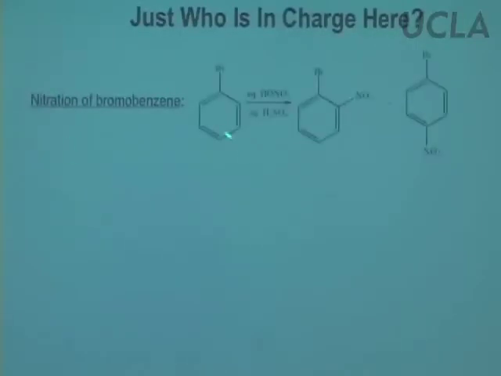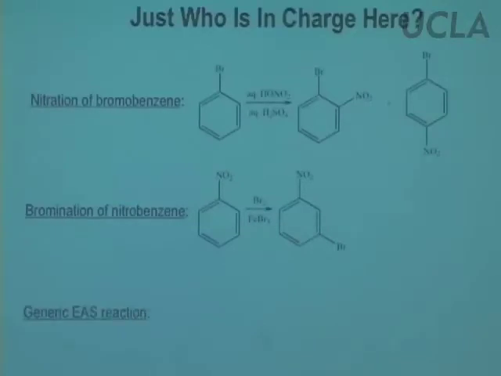To summarize what I said, if we take bromobenzene and nitrate it, we get ortho and para, because bromine's an ortho-para director. If we take nitrobenzene and brominate it, we get an isomer, but now meta is the major product. Now, the reason I'm bringing this up is because we have to remember that in general, when we have an electrophilic aromatic substitution reaction where we have some group, let's just call it G, already attached to the ring, it is the group G that's already attached to the ring that influences the arenium ion stability.